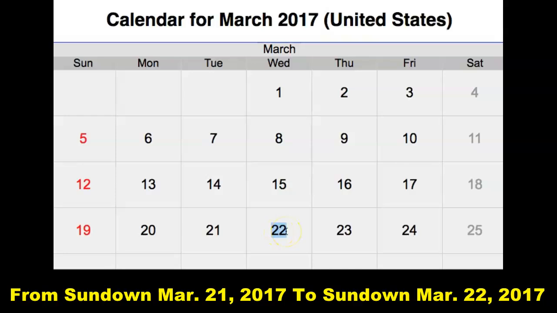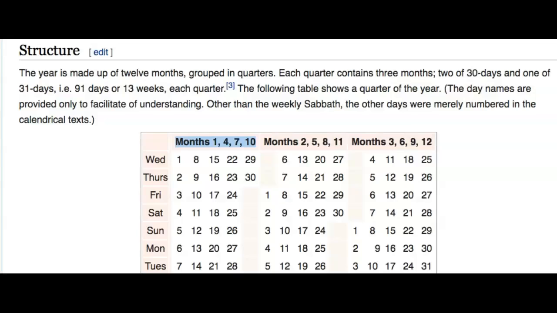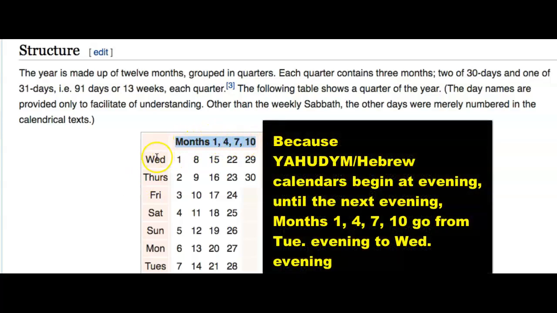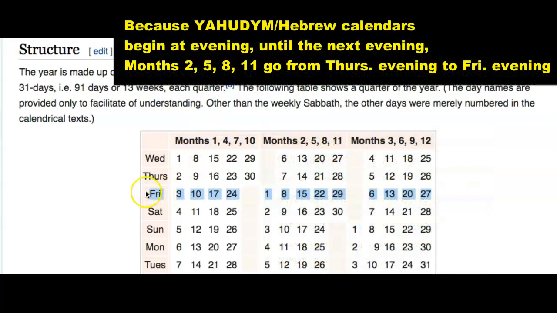Now, if we add another 364 days to this, then we can determine for next year when the year will begin. Just as we noted in the structure of the Enoch calendar, you see how months 1, 4, 7, and 10, they begin right here on what's so-called Wednesday, on the 4th day of the week, just as we noted in our feast calendar also here, because here's the 6th day of the week, or so-called Friday as it's commonly known.